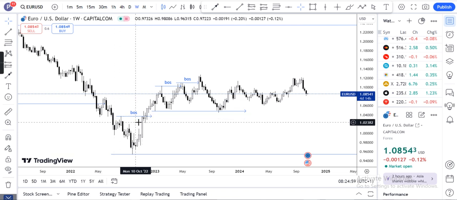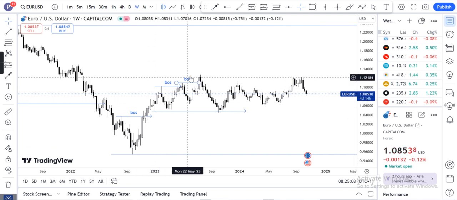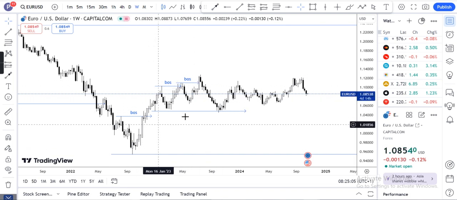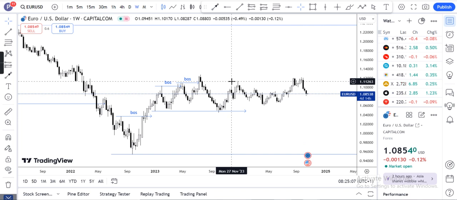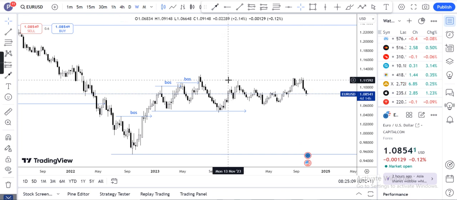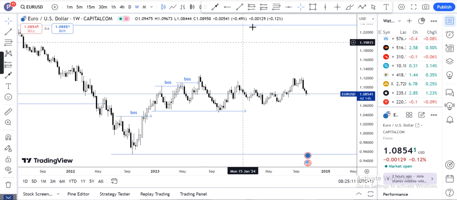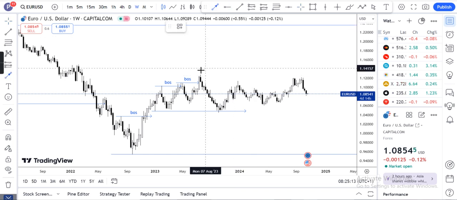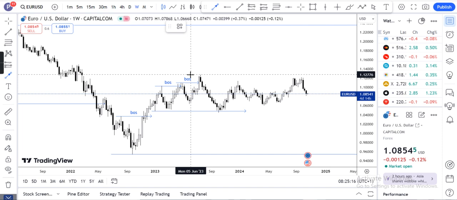We should pick this zone, all the break of structures down to this point. Market came down into this area, tapped it and pushed up, and now we can clearly see that it didn't break above this high. That is also information telling us that the trend is actually weak going to the upside.